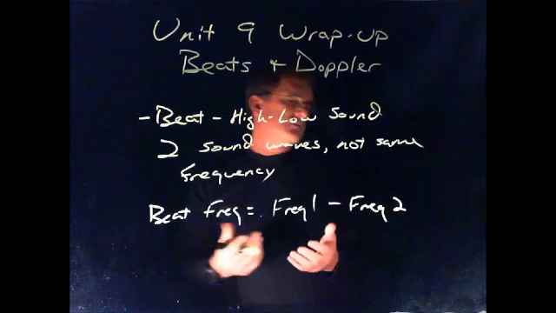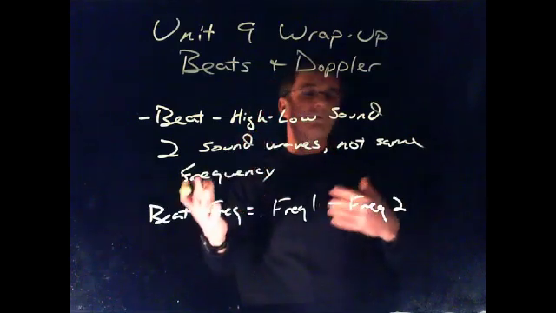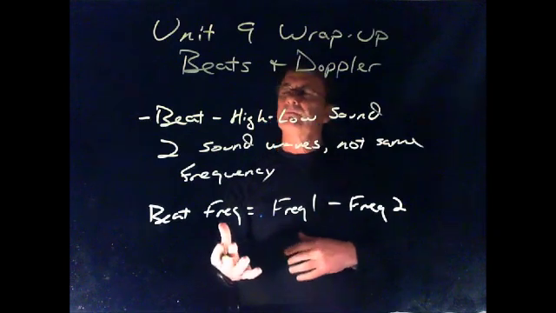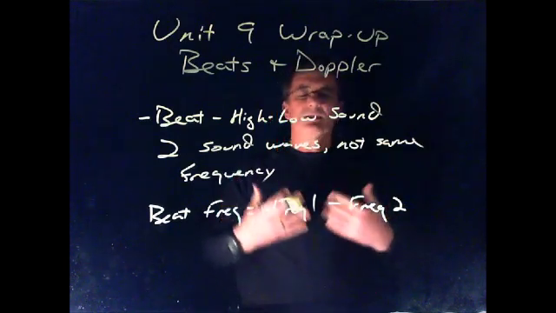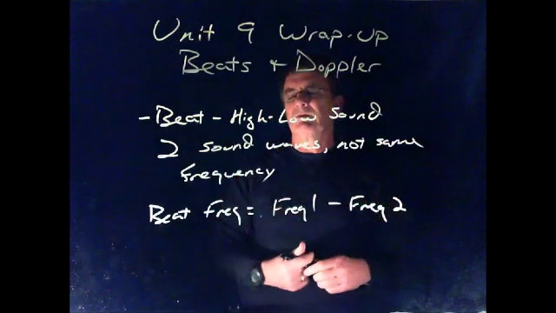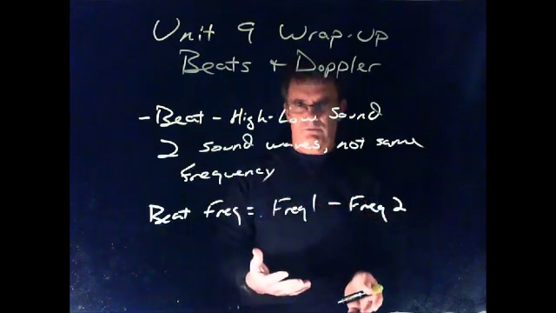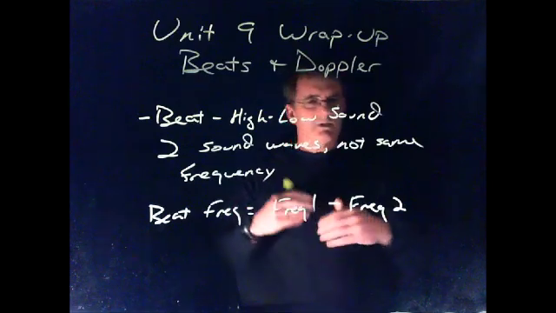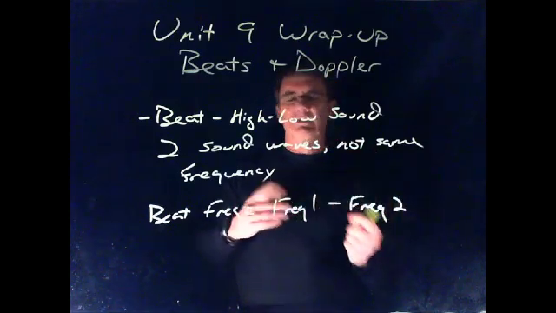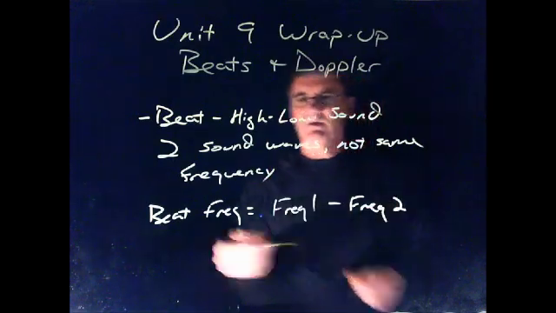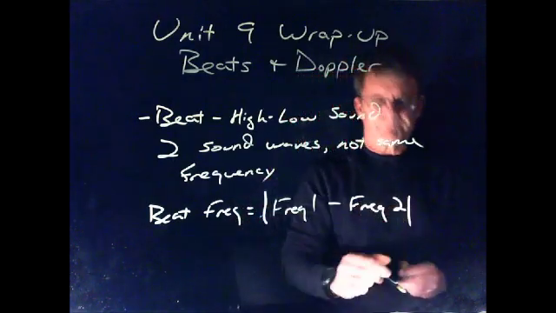So if you have two sound waves, one is 10 hertz and one is 9 hertz, that's a beat frequency of 1 hertz. And you have the same beat frequency if the sound waves are 1,000 hertz and 1,001 hertz. It doesn't matter whether one's high or one's low. It's the absolute value.